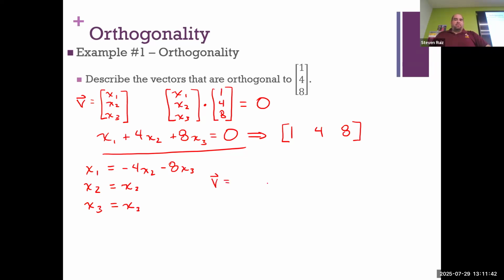So v is going to be equal to something times x2 plus something else times x3. What goes in this first vector, or the first row, sorry? -4x2 minus 8x3. Then x2 equals x2, so what's the middle row look like? 1, then 0, and then 0, then 1.